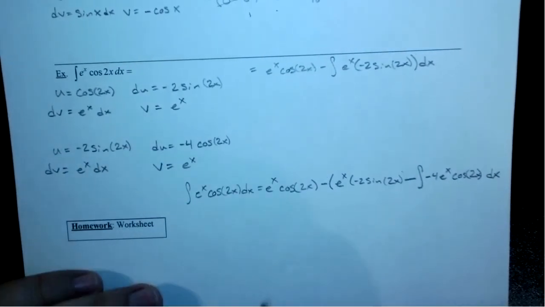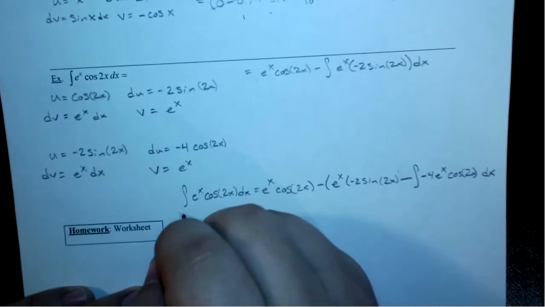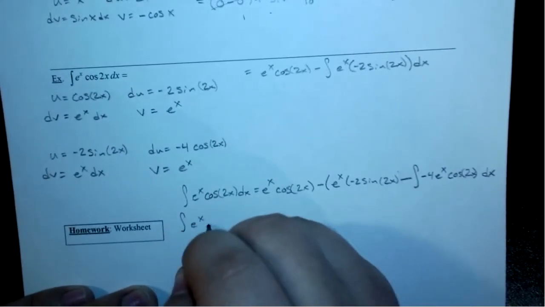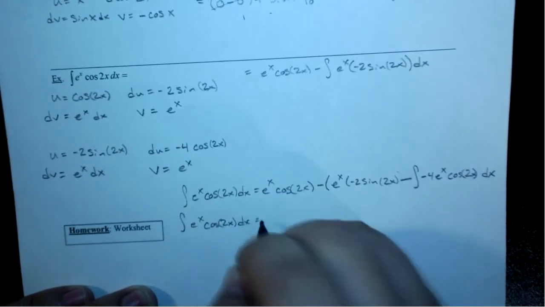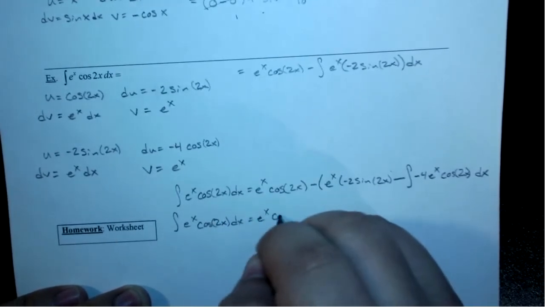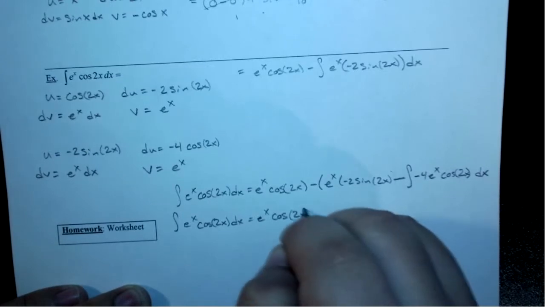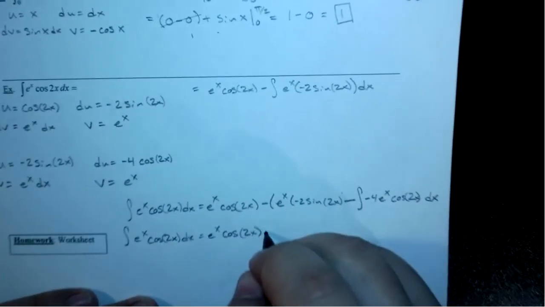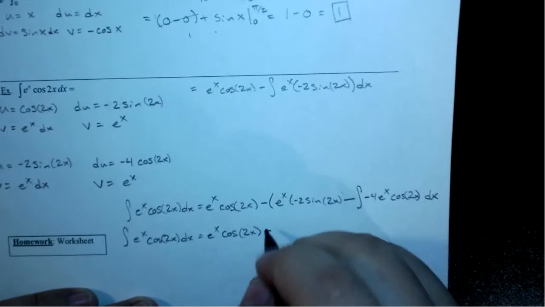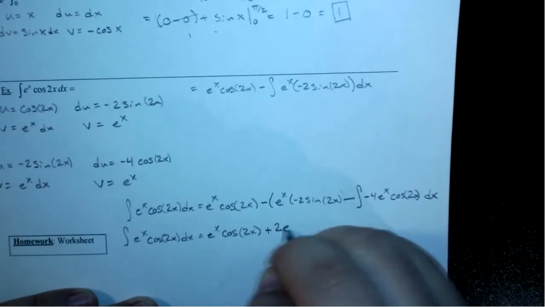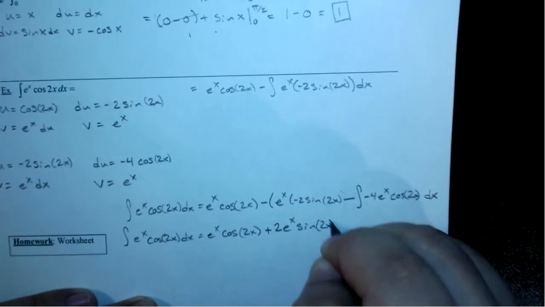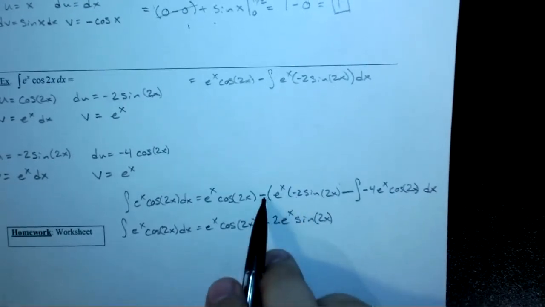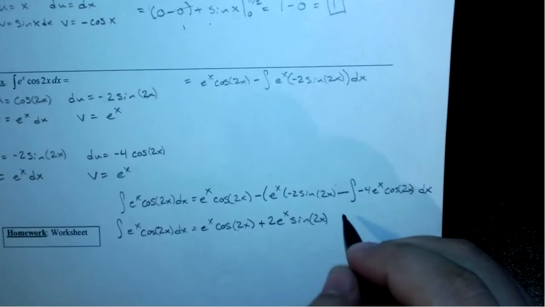Okay, so this is already starting to get messy. So the integral of e to the x cosine of 2x dx is equal to e to the x cosine of 2x minus, actually plus 2e to the x sine of 2x, right? The negatives become positive.